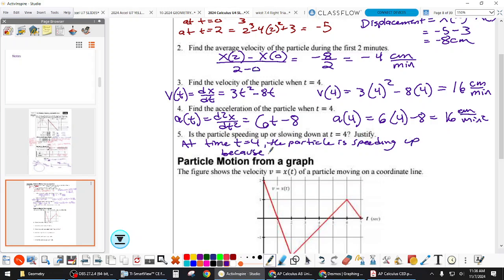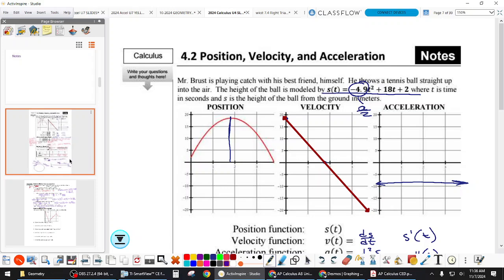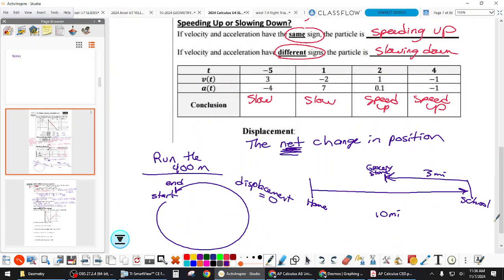How do you think we could justify that? Because acceleration and velocity are both positive. Okay, you're right, and it's going to go back to these phrases that we circled, because acceleration and velocity have the same sign. That's our justification.